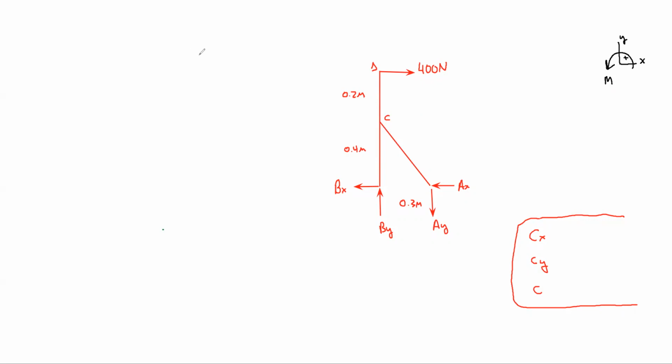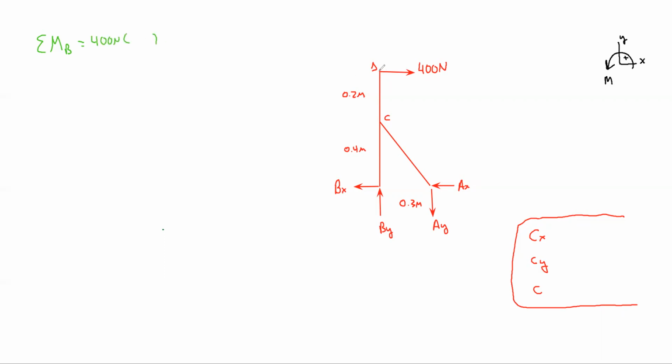All right, we've got 2 unknowns in the x direction, 2 unknowns in the y direction. That's an indication that we're probably going to need to start out with taking the summation of moments. So I'm going to take mine about point B. By taking about point B, that makes BX a non-player, BY a non-player, and AX a non-player. We've got 400 newtons.